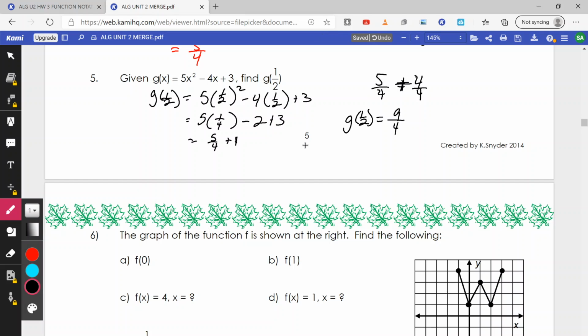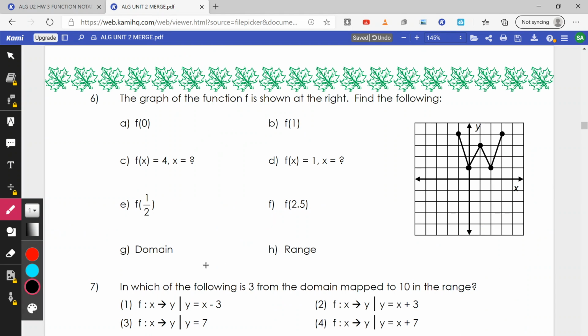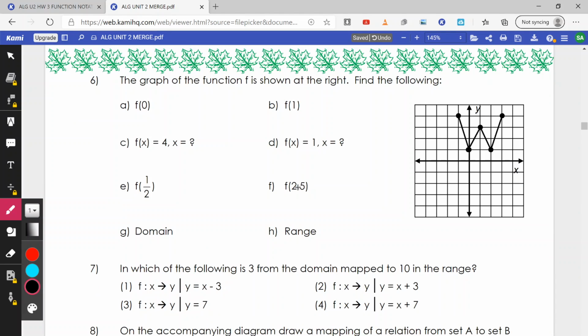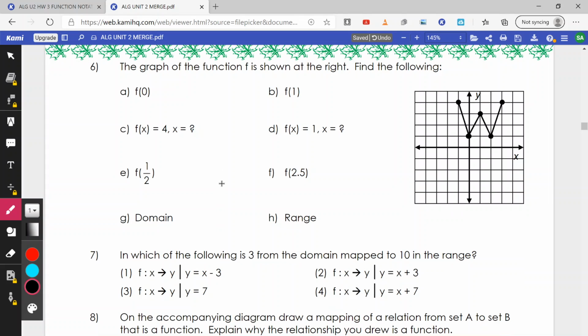Now our sixth problem here, we have a whole bunch. I'm only going to do A through F because G and H are find the domain and range. That was covered previously in a couple other lessons. So f of 0. So we have to take a look. Remember, our functions always begin with f of x equals.